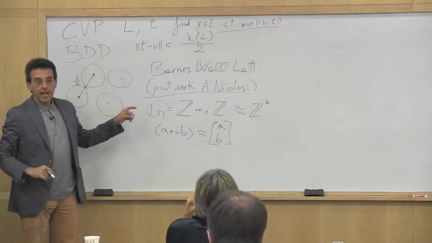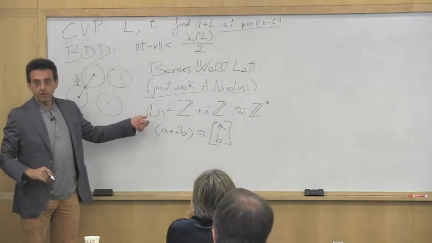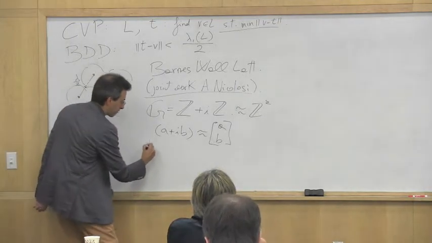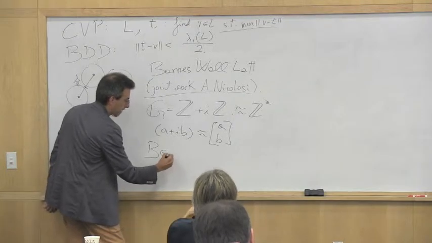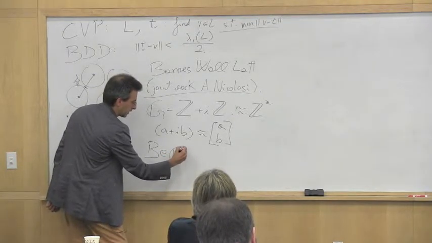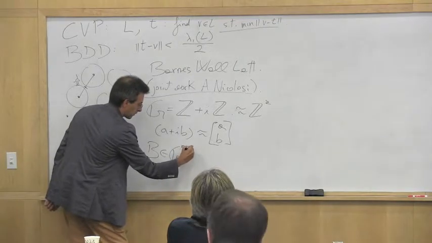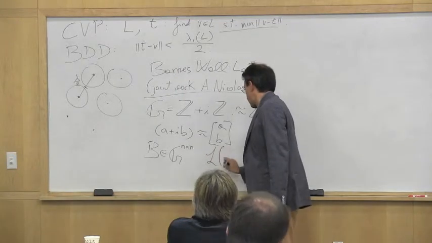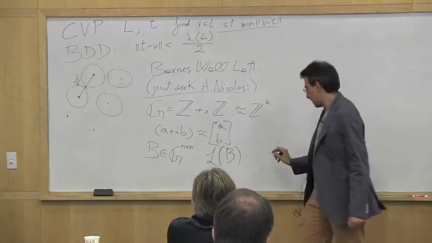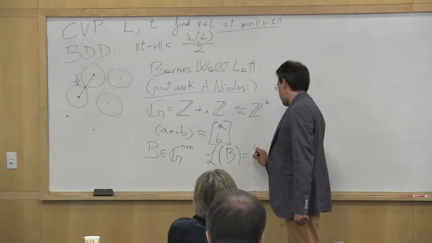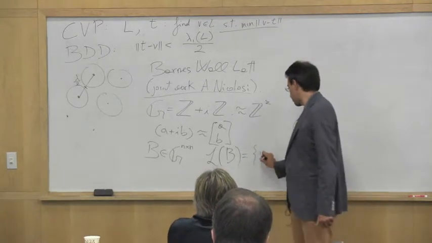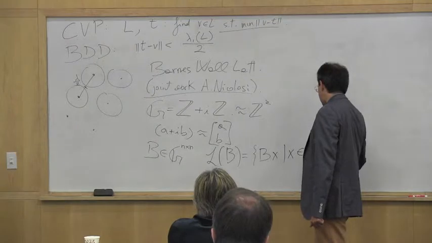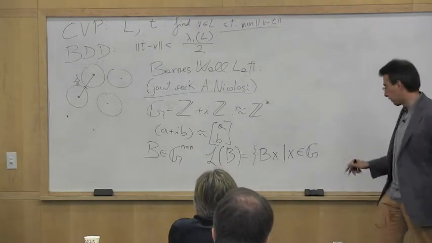So I'm going to give a complex basis for the lattice. The lattice is going to be described by a basis, which is a matrix with complex entries, and the lattice defined by this basis is precisely the set of complex vectors of the form Bx, where x is a Gaussian integer set of coefficients.